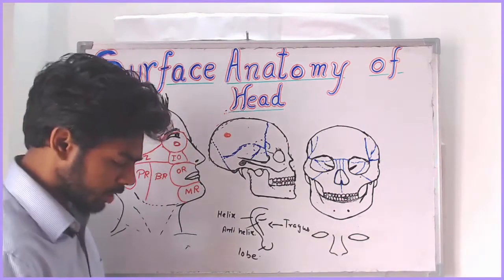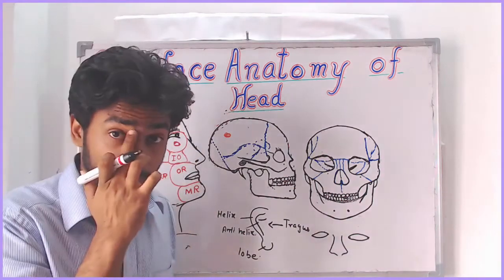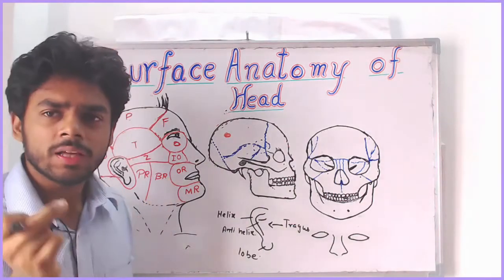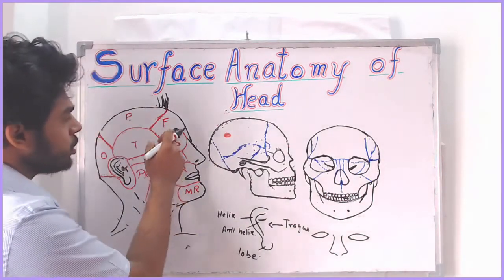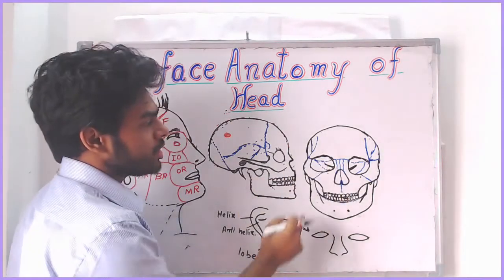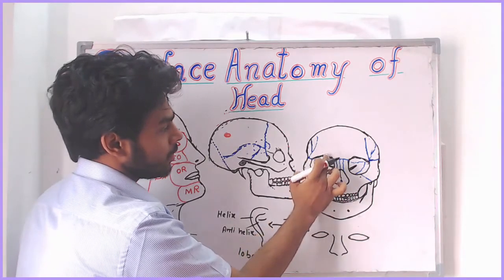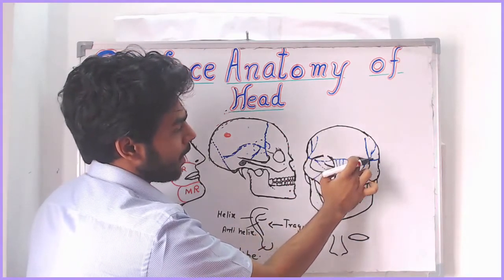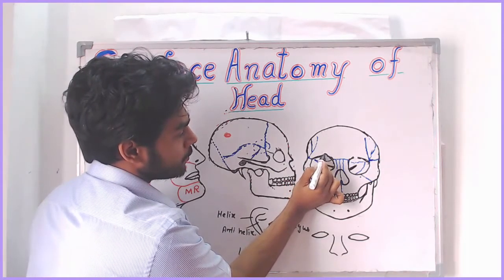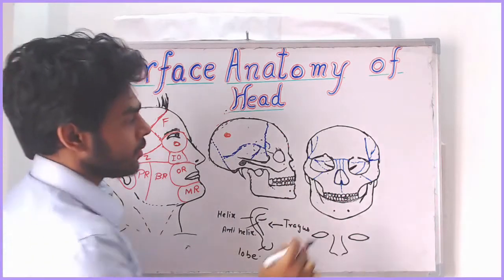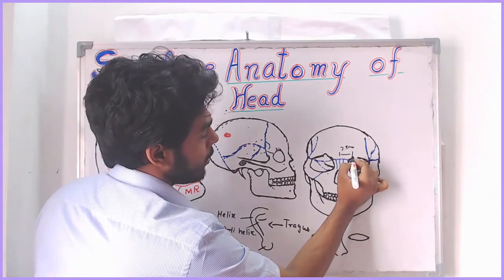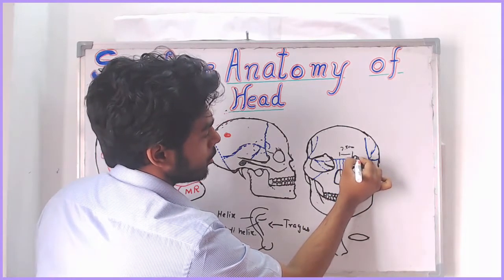And one more structure is present. When you palpate the upper border of this orbit, that is the supraorbital margin, you will feel a notch. This supraorbital notch is present in the frontal bone, about 2.5 centimeters away from the midline.